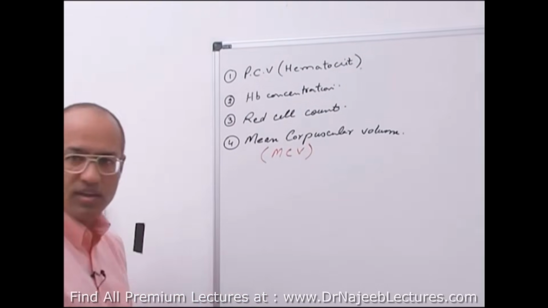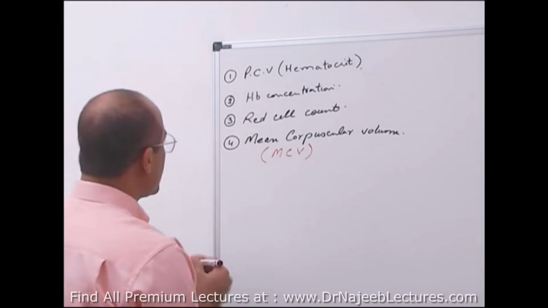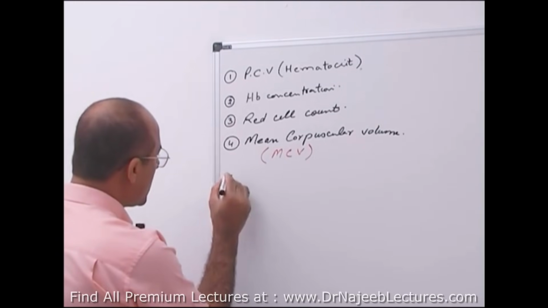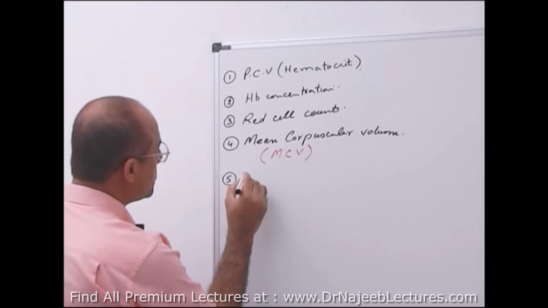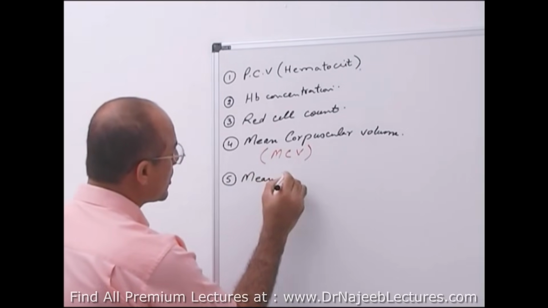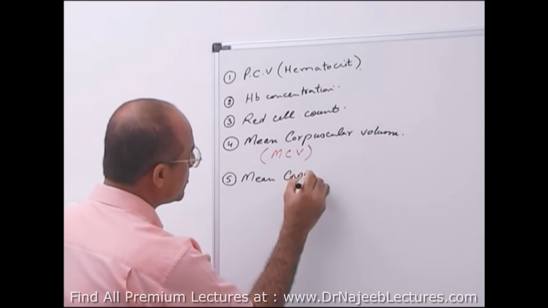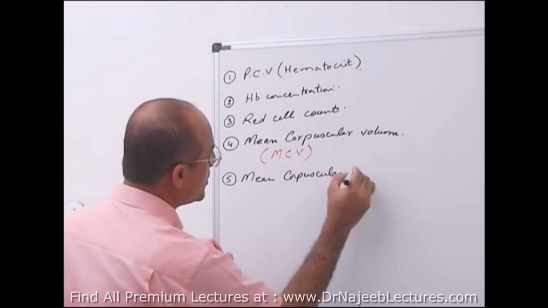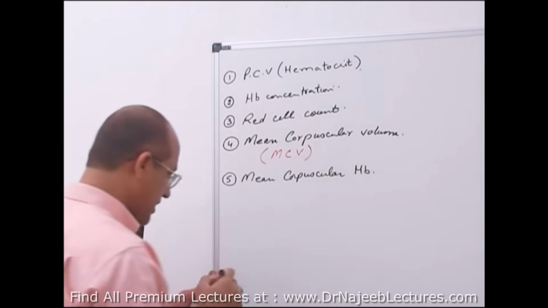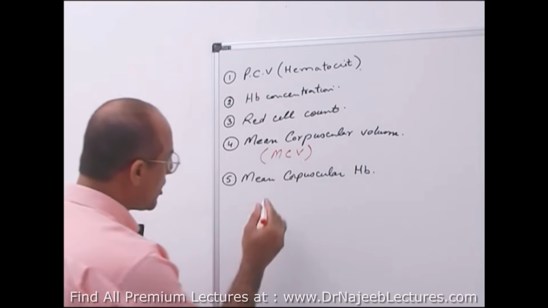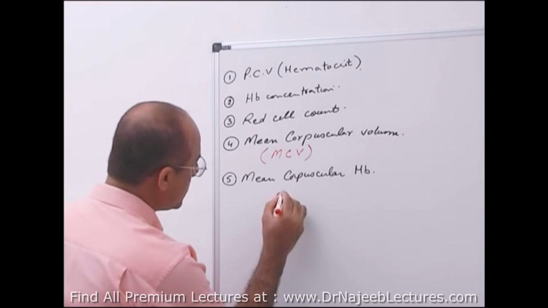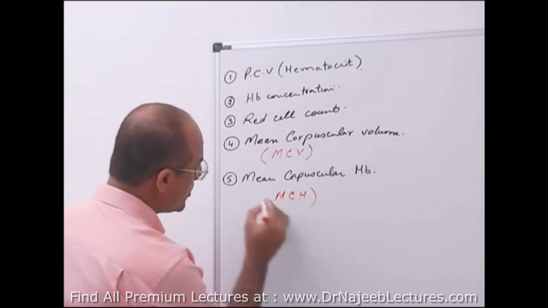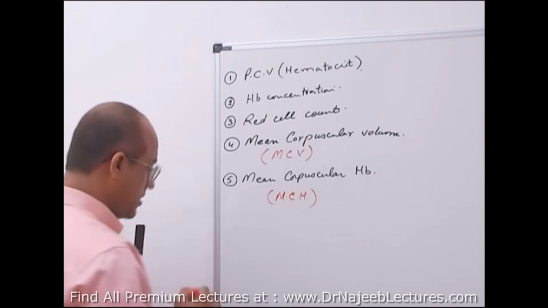Then you must also be clear about mean corpuscular hemoglobin, which can also be called MCH.